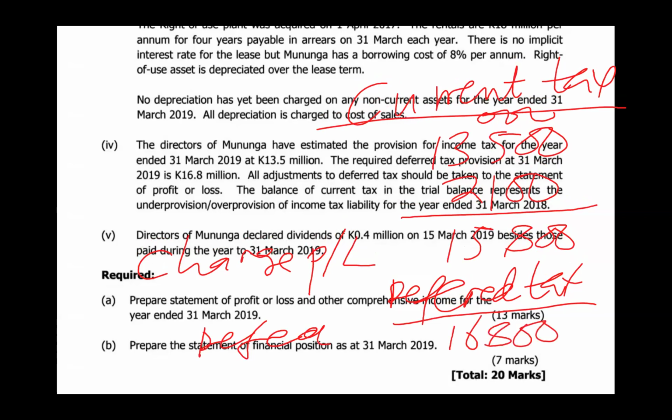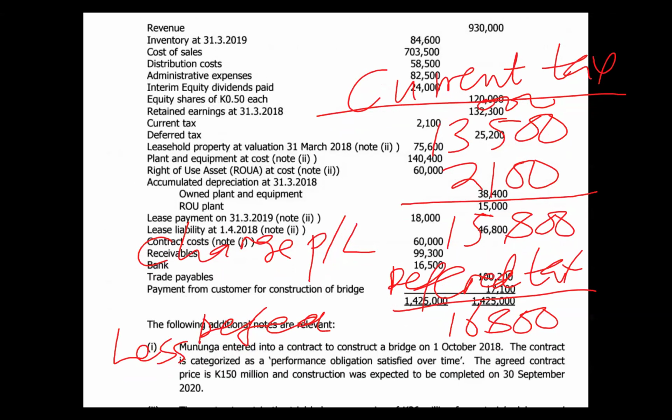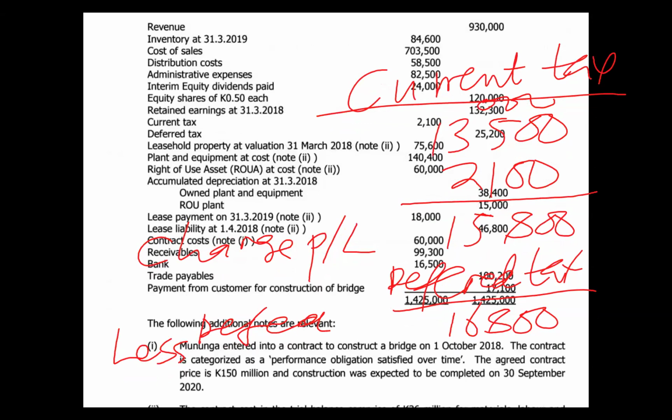To this amount, you have to look at the provisions that you have been given in the trial balance. What are you given about the deferred tax? The provision is on the credit side, 25,500, right?